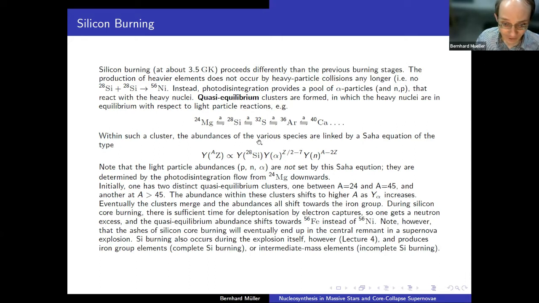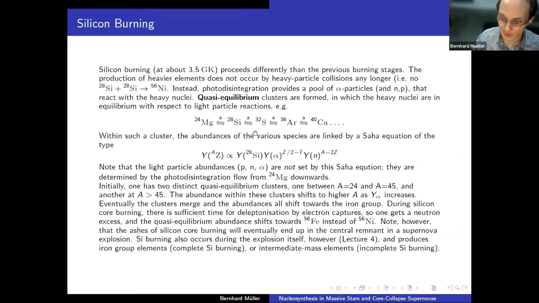So in a sense, you can view the change in composition as a result of silicon melting, the fuel silicon melting more and more into alpha particles. And in this equilibrium chain, the abundances of the various elements and various isotopes will be given by an equilibrium condition.